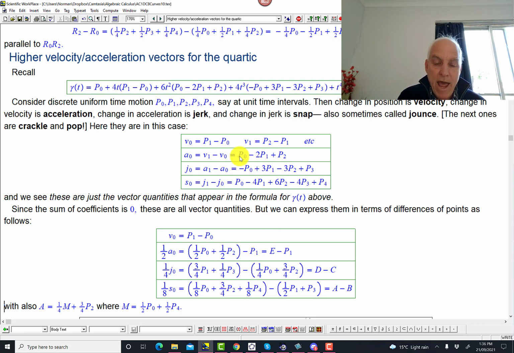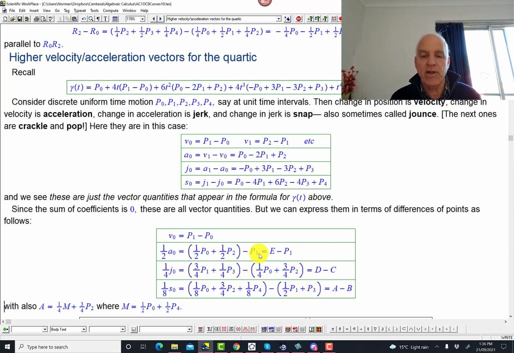And the 1/2 P0 plus 1/2 P2, we recognize that's actually a point also. If I label this point E, which is just the midpoint of P0 and P2, then what we have here is E minus P1, telling us that this is a vector from P1 to E, from the P1 point to the midpoint of P0 and P2.